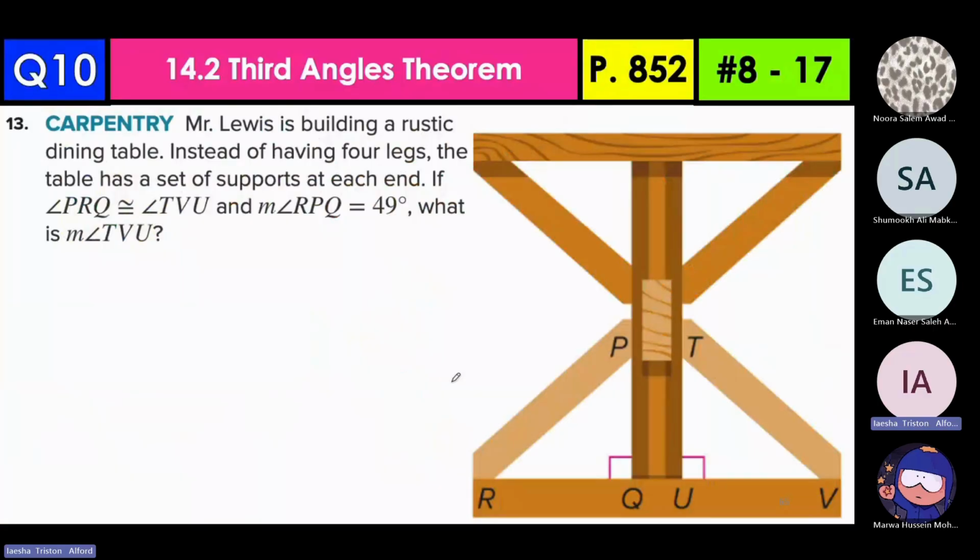Question number 13, same idea. You have two right triangles here. Everybody can see the right triangles. From the picture, you have two of them.